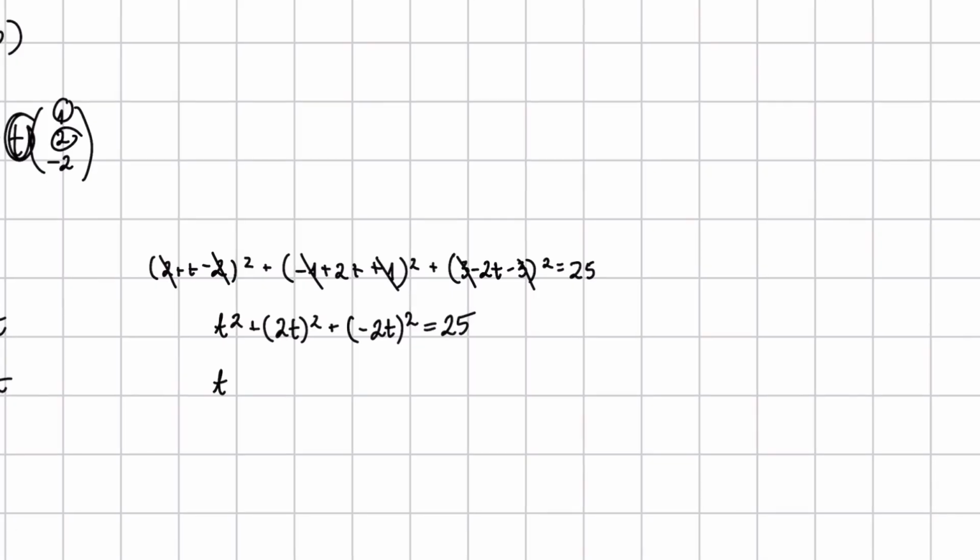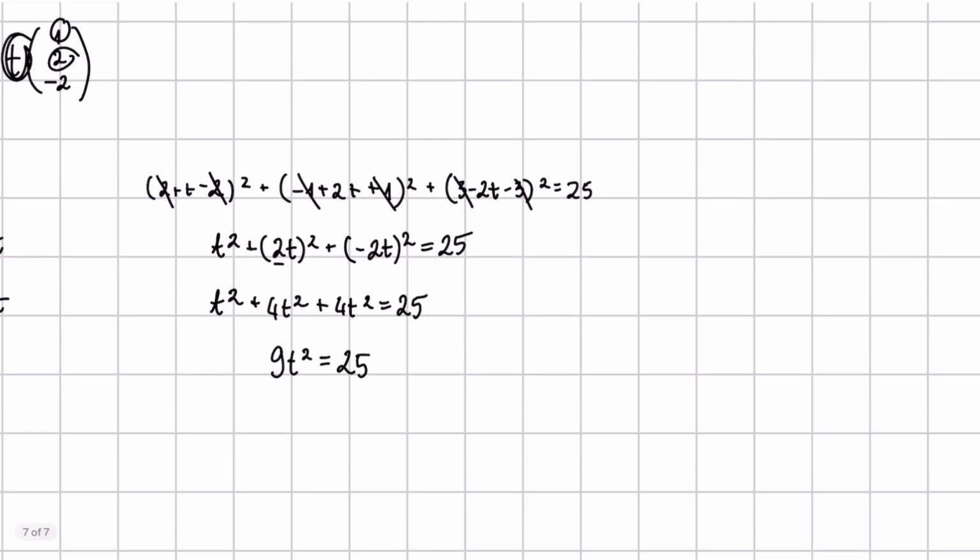And this is t squared plus 4t squared, because we have to also raise 2 to the second power, and plus 4t squared equals 25. So we have 9t squared equals 25, and we can solve it on our GDC in solver, or we can divide both sides by 9.